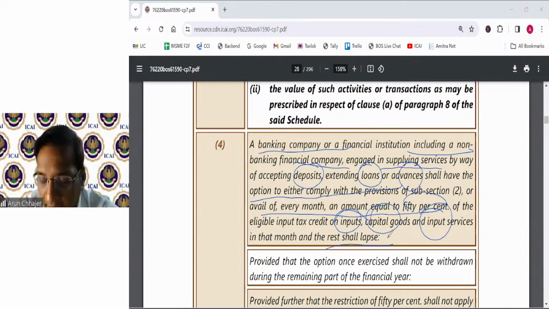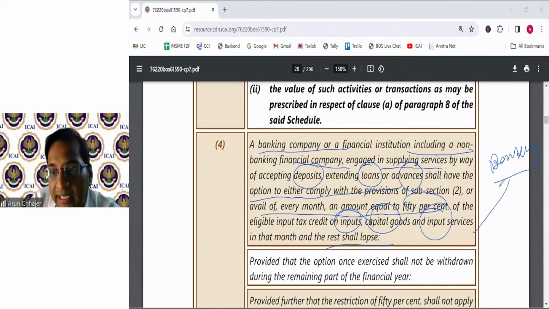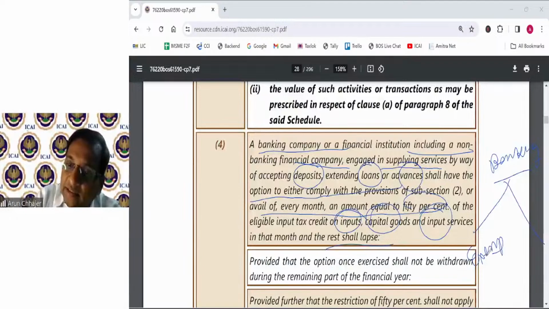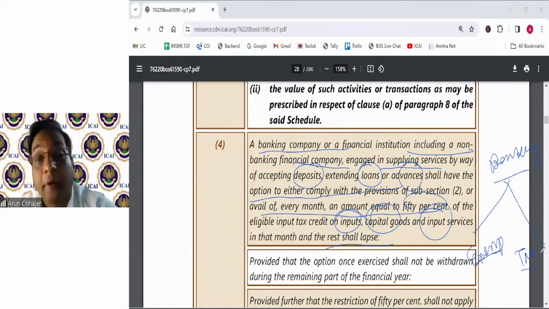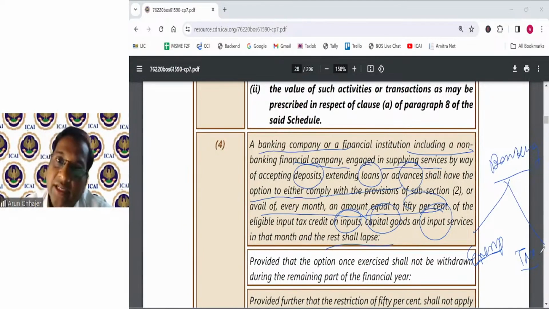Okay? It means if I am a banking company, there would be some exempt supply like interest. There would be some taxable supplies like processing fees, etc. on that particular loan or credit card loan.